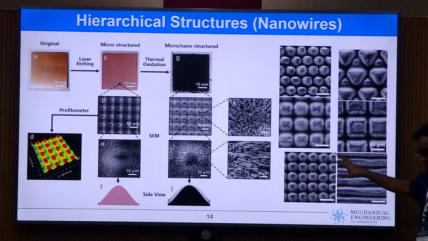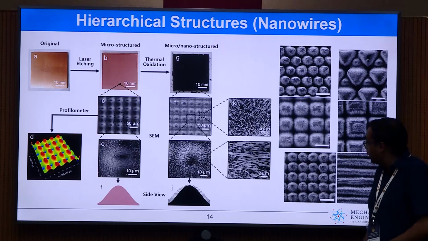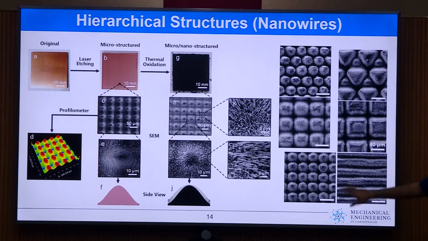This is not something that I will go in depth today, but you can get the idea that based on the particular application, you can control what kind of surface features you would want. So those parameters can be, let's say, your droplet diameter, or the temperature difference or the temperature gradient you want. You can control these structural length scales.